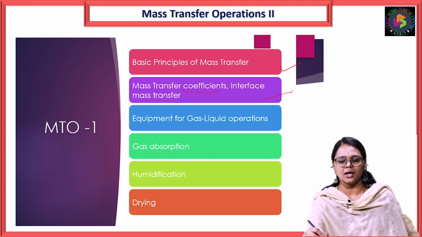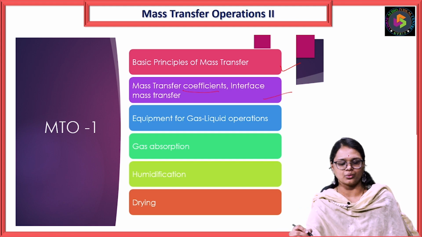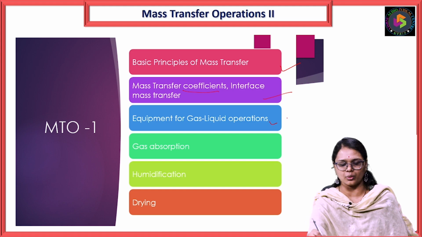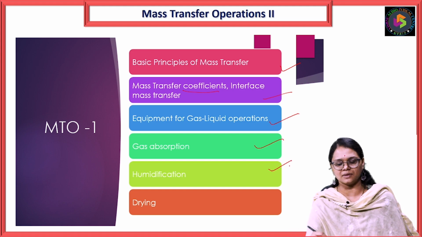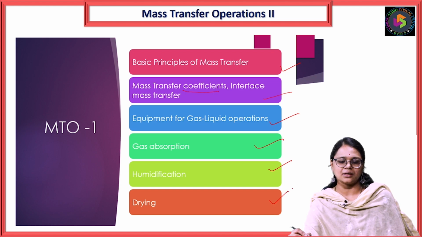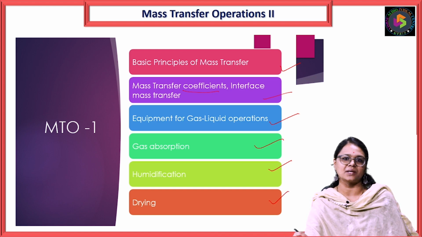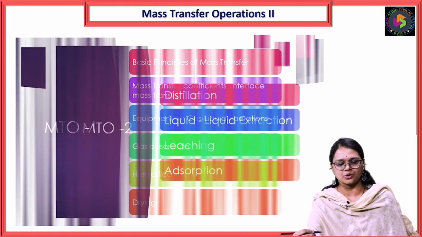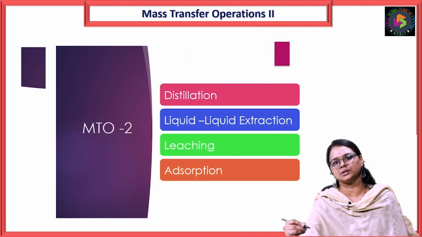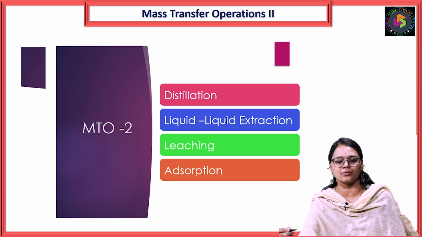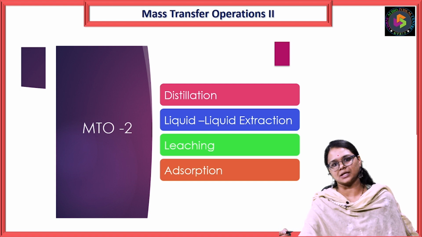And in mass transfer 1, we'll go more into gas-liquid operations like absorption and humidification, and at the end we'll study drying. This is purely the mass transfer 1 perspective. Today, in mass transfer 2, we'll talk about the industrial perspective of the different equipment which can be used for mass transfer operations.